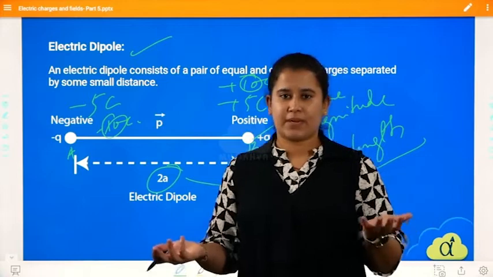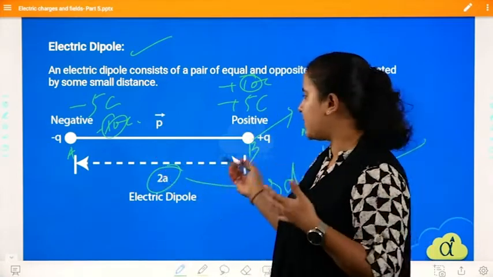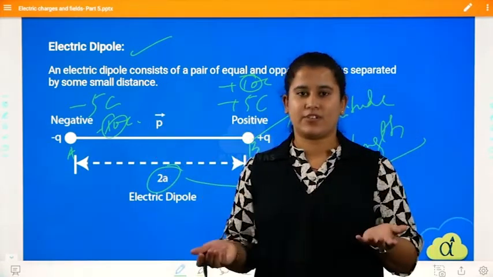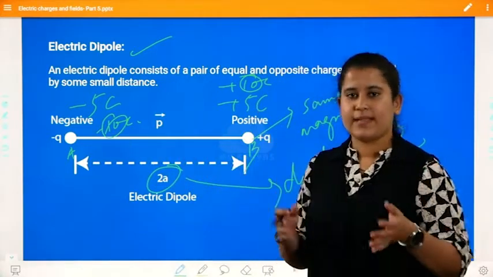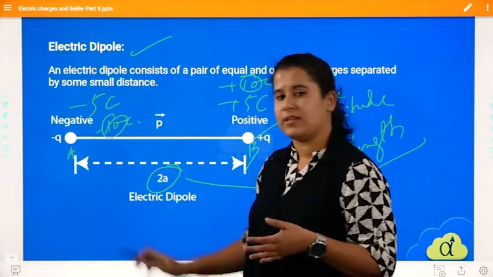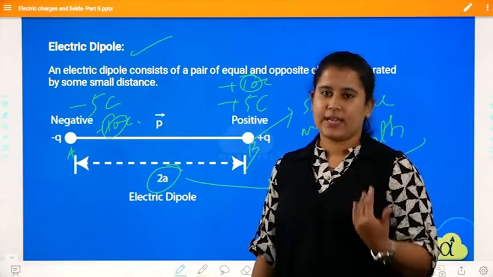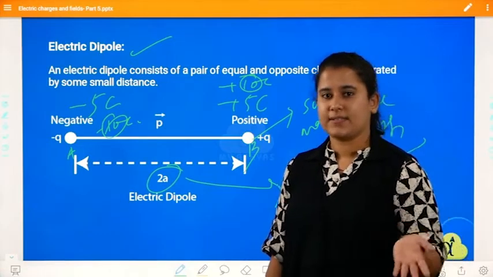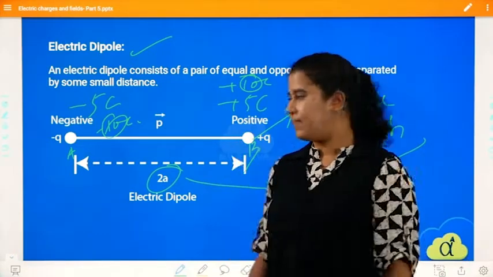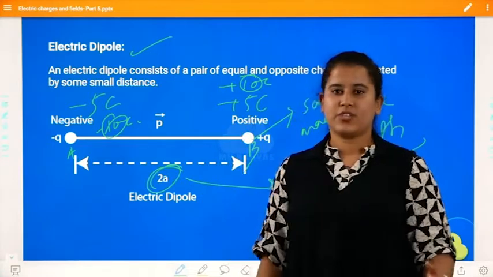Very easy to remember, because if you remember the picture here, then you can remember the definition. The definition is nothing but a pair of two equal and opposite charges. Q and Q are equal, and the charges are opposite, that is minus Q and plus Q, which are separated by a certain distance, which is 2a.